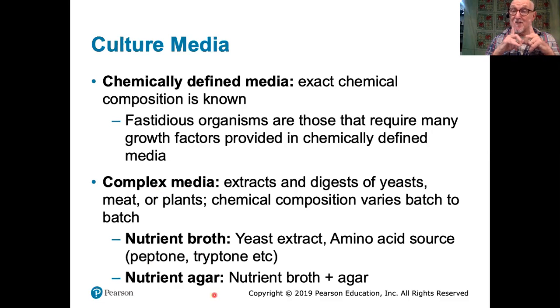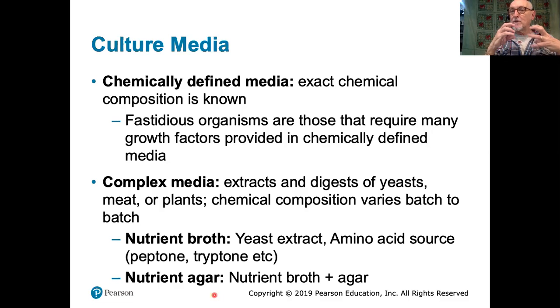We can describe it either by weight or by molarity or something like that. We know exactly for each component exactly what's there. Chemically defined media, that's what they're called, are very often needed where we grow those difficult organisms, the fastidious organisms.